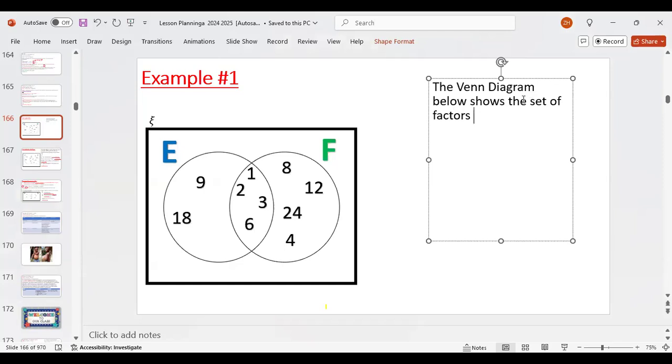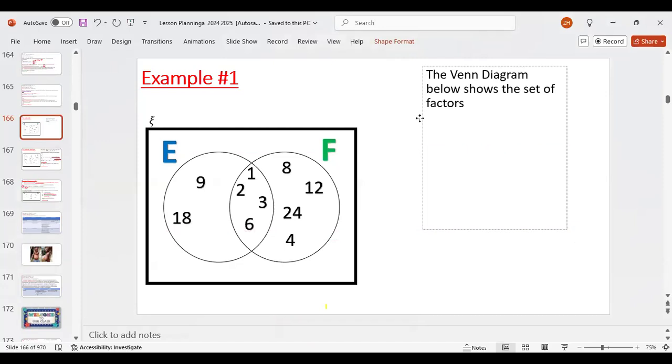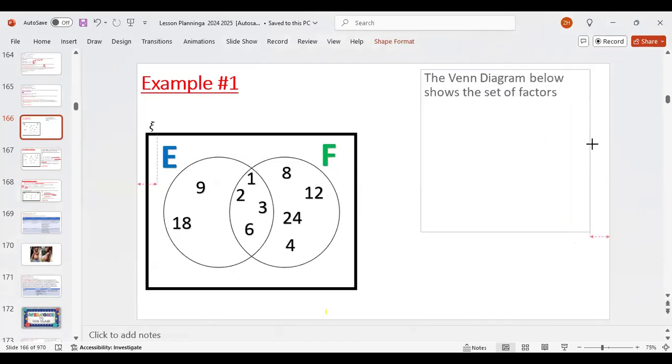Those are going to be numbers that can divide into a number evenly, right? Evenly or exactly. And that means that there's what? No remainder. So the diagram below shows a set of factors of 18. We're gonna call that set E. So set E is the factors of 18. Right?